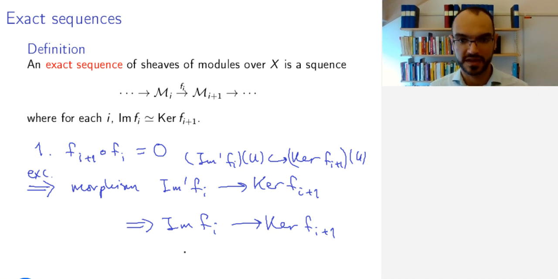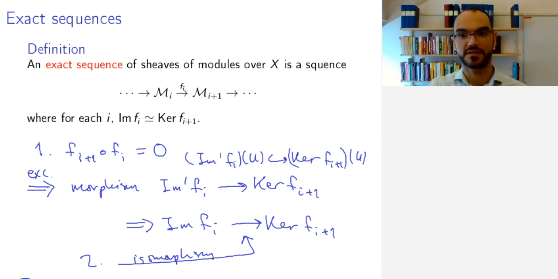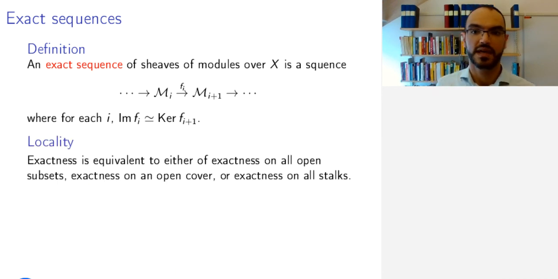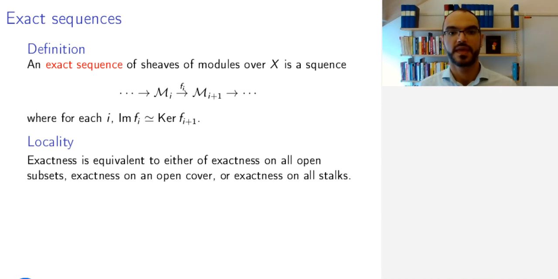And then the second requirement is that we require that this thing is an isomorphism. So this defines for us what it means to be an exact sequence. And one can show that exactness of a sequence is equivalent to exactness after reducing to any open subset.